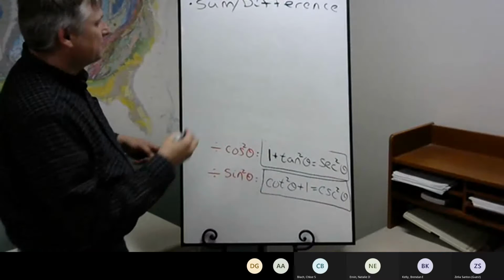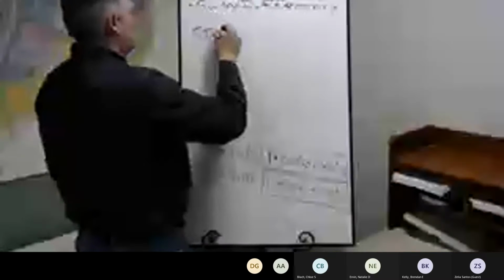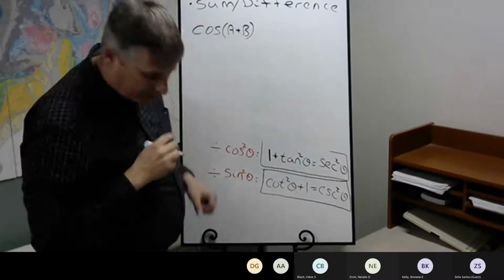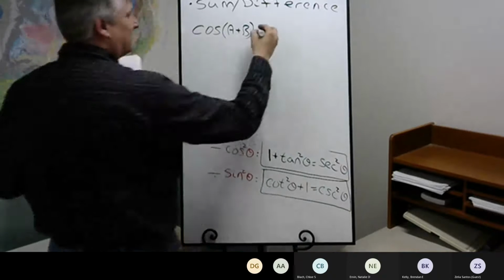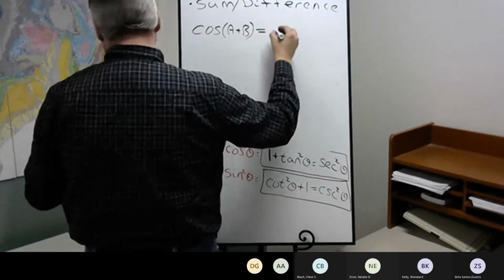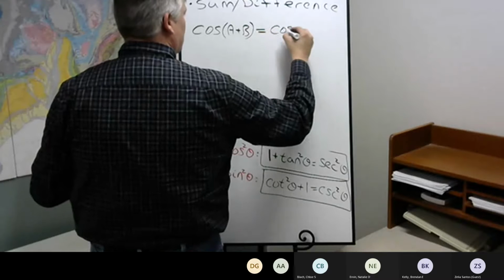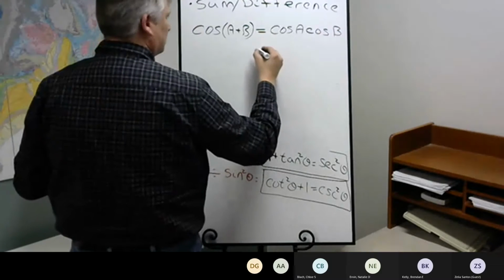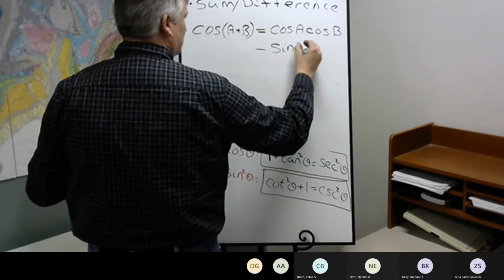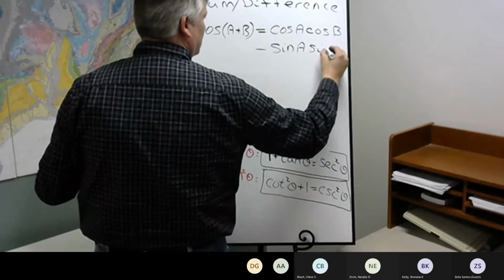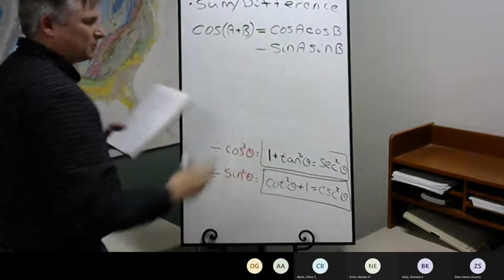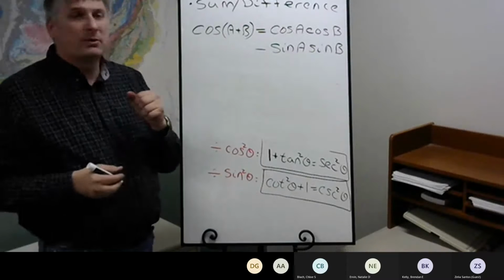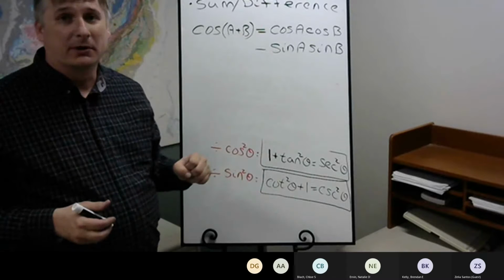So first one for sum. I'm using the formula from that other textbook for the notation. So you have two angles, A and B. If you want to find the cosine of the sum of those two angles, this is how you would do it.